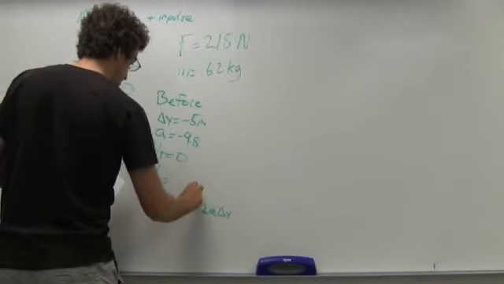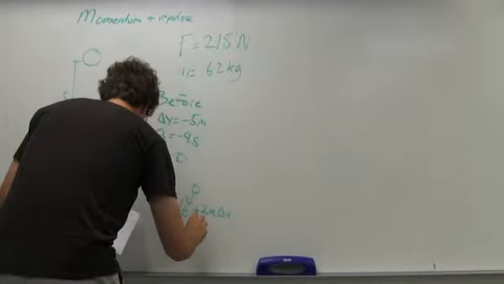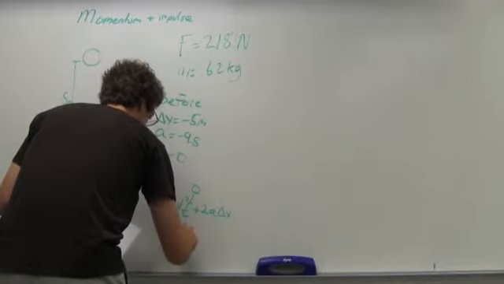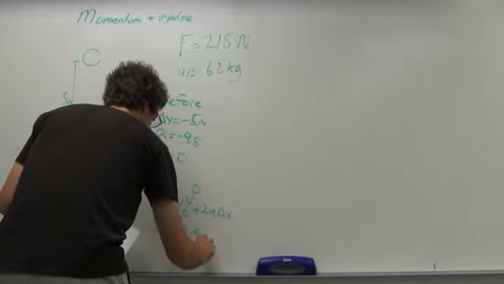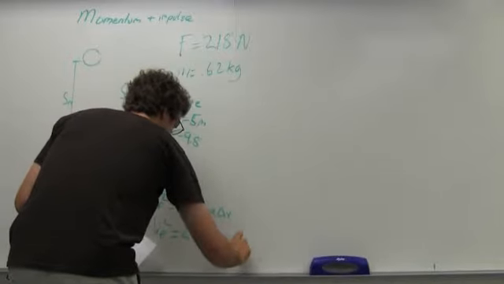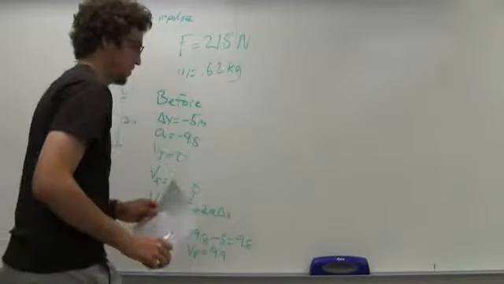V initial is 0, so we get 2 times 9.8 times delta x. We get v final squared equals 2 times -9.8 times -5 equals 98, and v final equals 9.9. Okay?